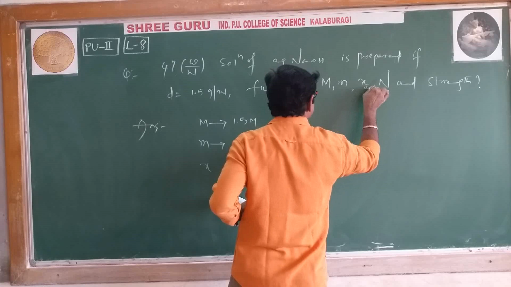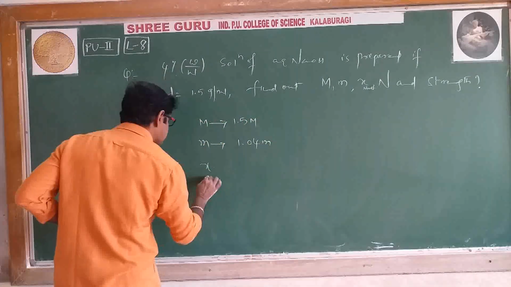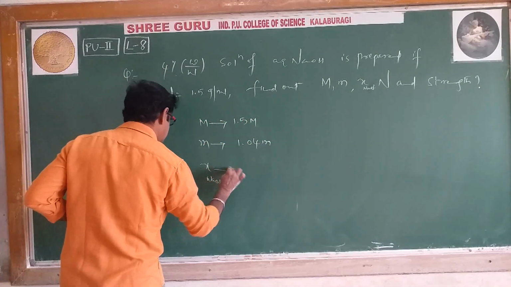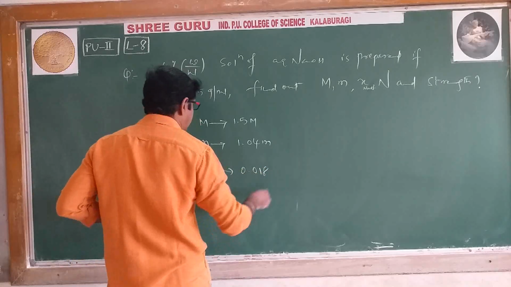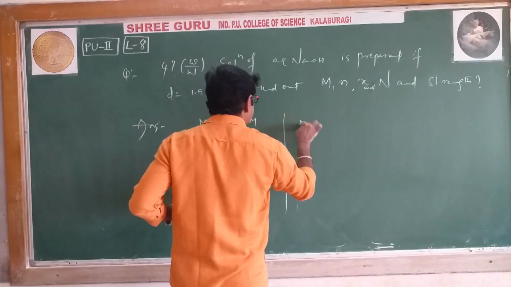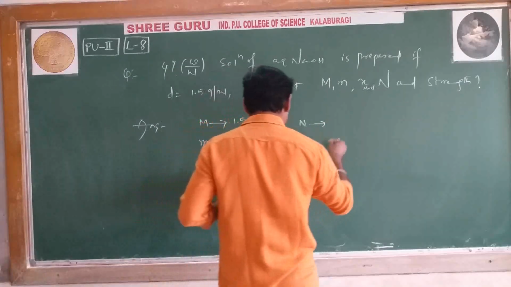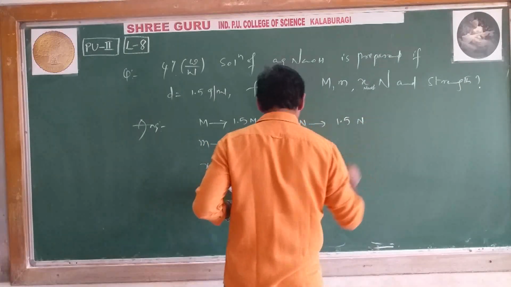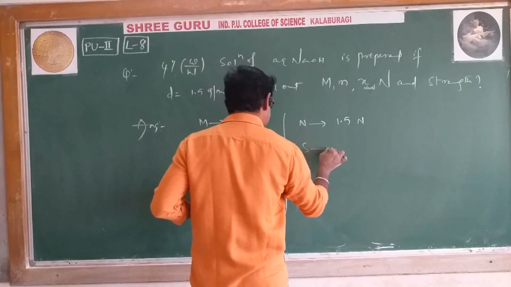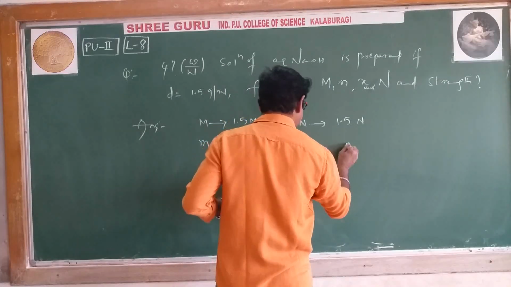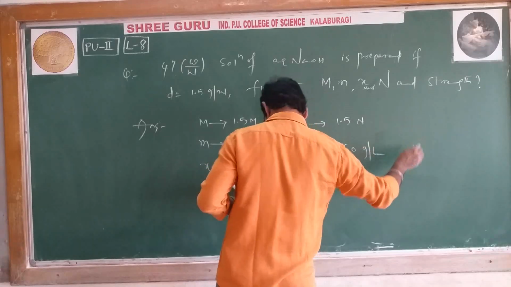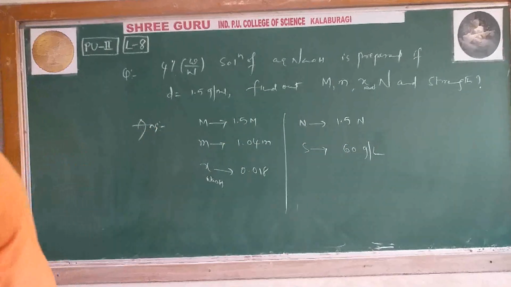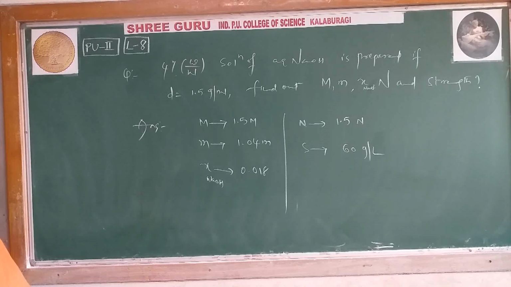NaOH. Mole fraction of NaOH is 0.018, and then normality value is 1.5 normal, and finally strength is equal to 60 gram per liter. These are the answers to that question.